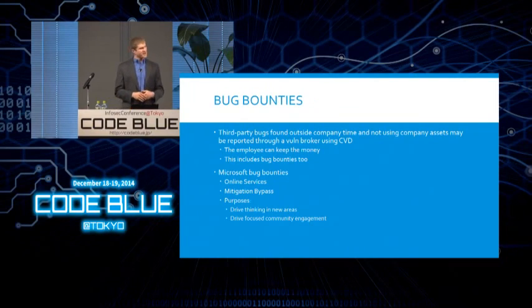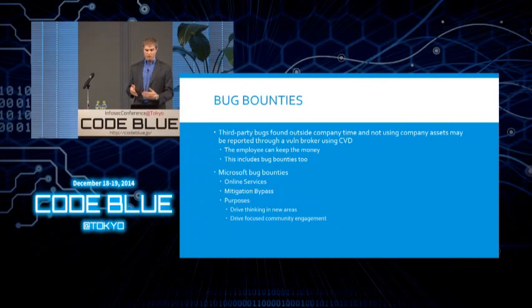So a few words about bug bounties, which I understand is a topic of interest here. We do allow our employees to collect bug bounties. So if you work for Microsoft and you find a security vulnerability on your own time, you can report it to a company that pays a bug bounty, or you can even report it to a vulnerability broker like the Zero Day Initiative, and you'll be eligible for a bounty.